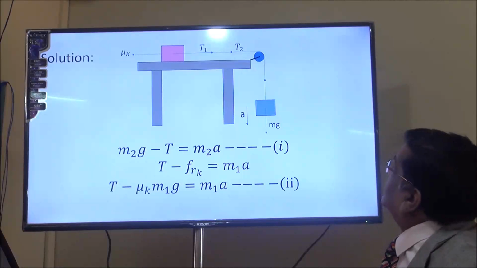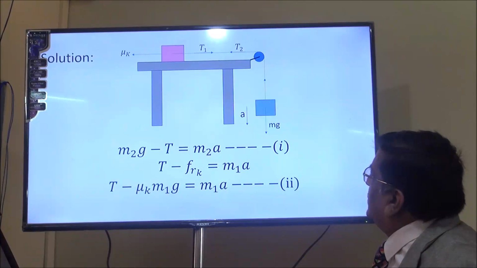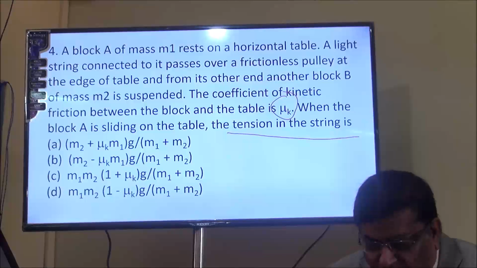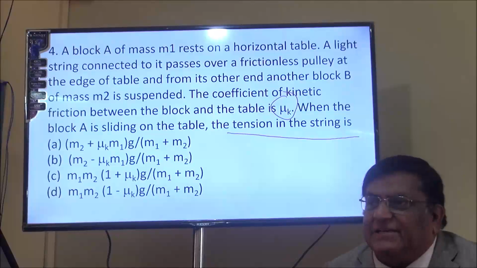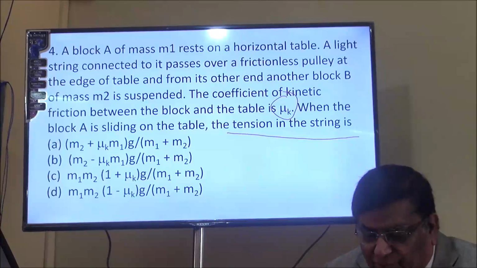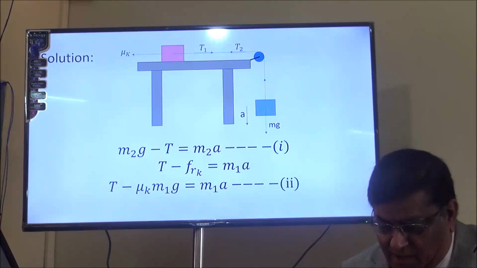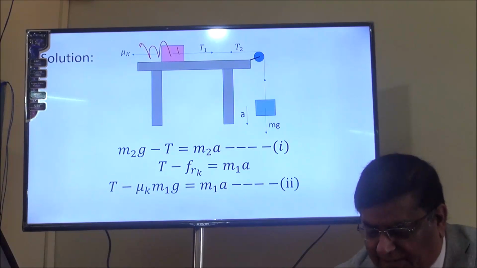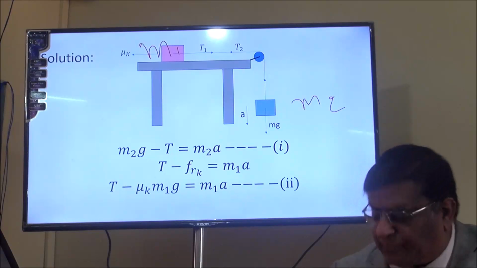That is K, this. M1, M2, which is M1, the one which is resting on the table. And what is M2? This is M1 and this is M2.